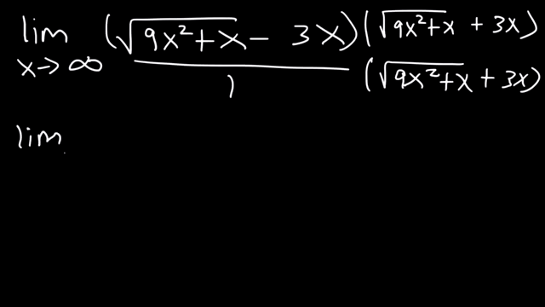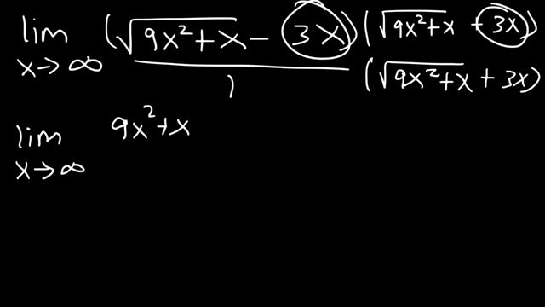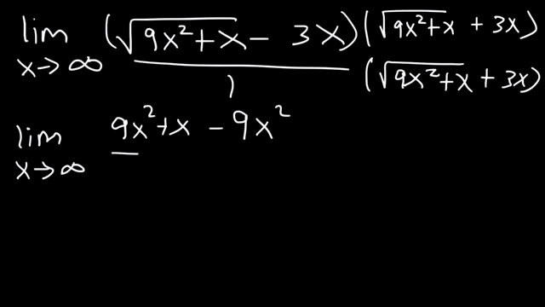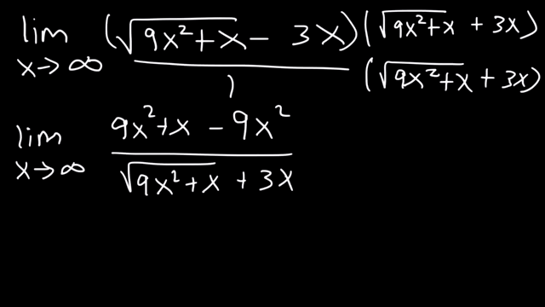So what we're going to have is the limit as x approaches infinity of 9x squared plus x, the square roots cancel, and then 3x times 3x is 9x squared, but that's going to be negative 9x squared, divided by what we have here. These two add up to 9x squared, so we can get rid of it.